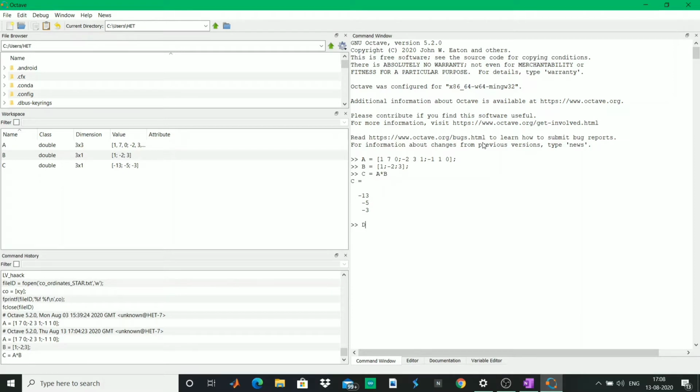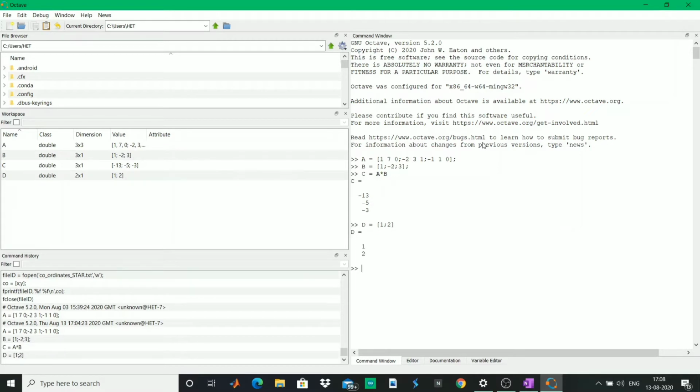So let's create another matrix that violates the third rule, as we saw in the notes. 1, 2. You would see that the size of matrix A is 3 by 3, so you have 3 rows and 3 columns, and for D you have 2 rows and 1 column.